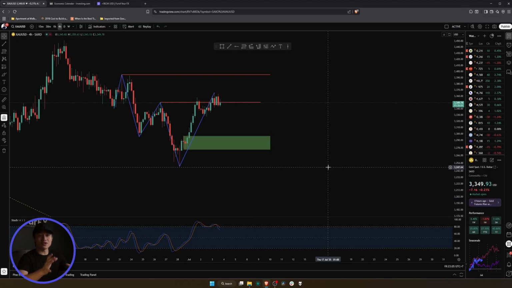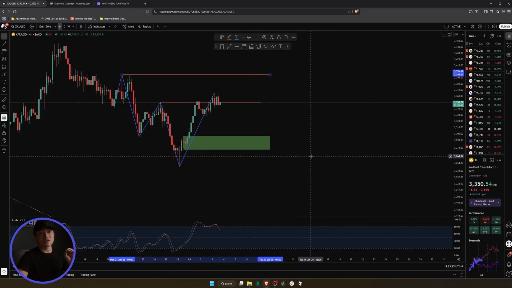Okay guys, I forgot to mention that the gold is going to move in both directions when the non-farm payroll data is released. If the gold moves in the upside momentum, the key potential target that you have to keep in mind is around $3,395.